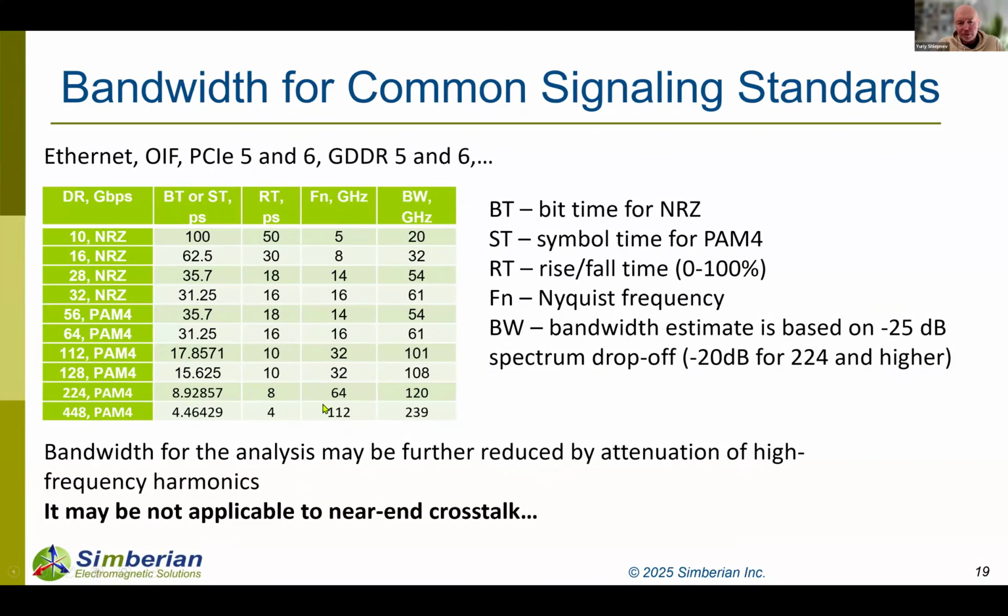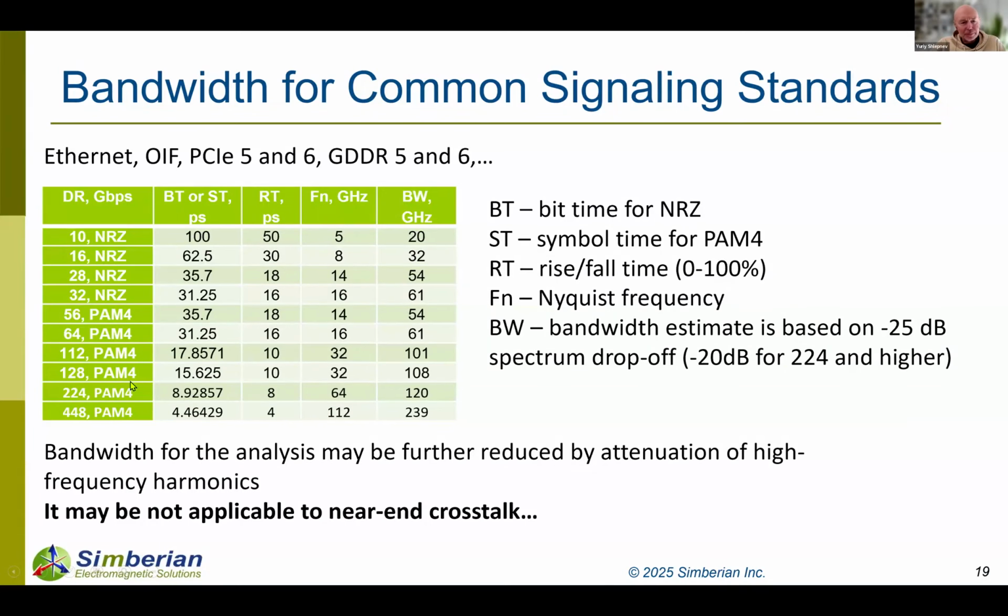But the Nyquist frequency for this 448 PAM4 is 112 gigahertz, and you have to simulate it, or measure it, up to very high frequencies. I haven't seen such measurements. Theoretically we can simulate it, but measurements and correlation will be difficult.